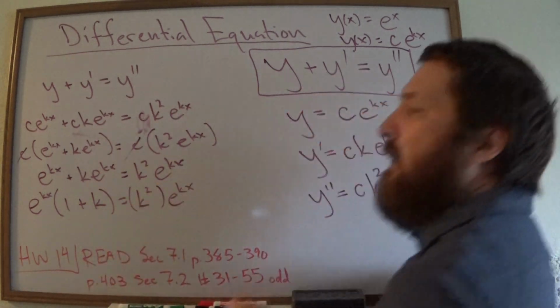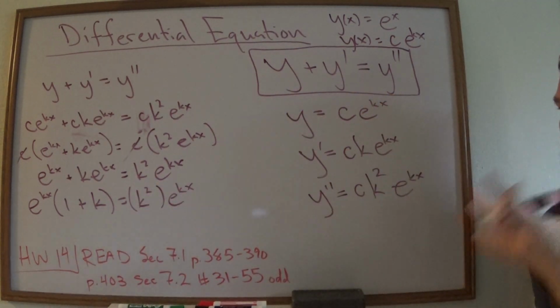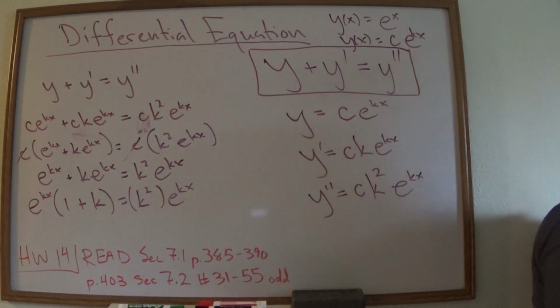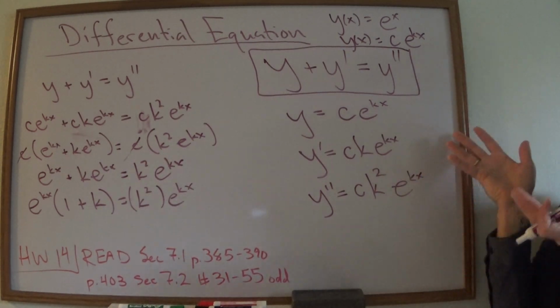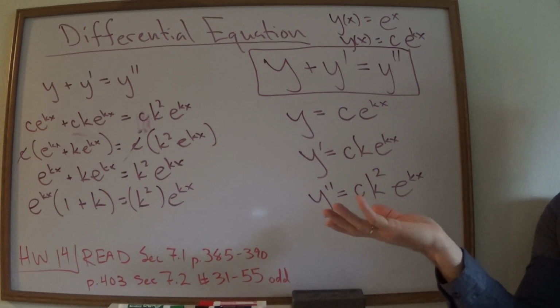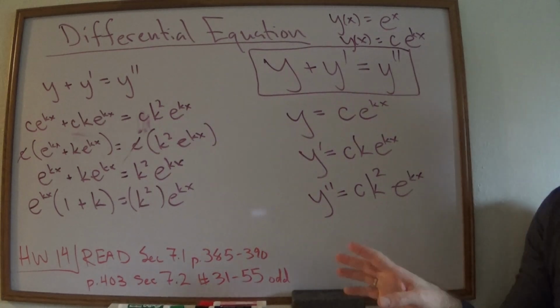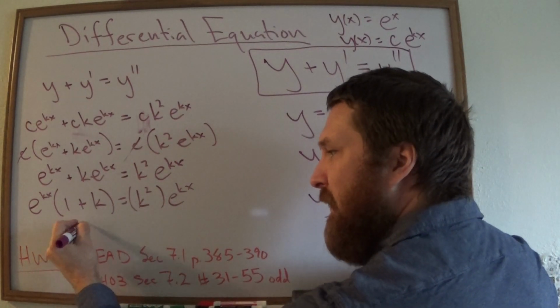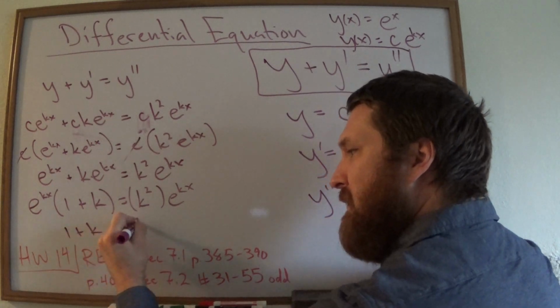What's the only number we can't divide by? 0. Is e to the kx ever equal to 0? No. Oh, that's nifty. That's one of the nice things about this: you never need to worry about dividing by 0, because e to anything is never equal to 0. So I could just divide by it. And so now I have 1 plus k equals k squared.